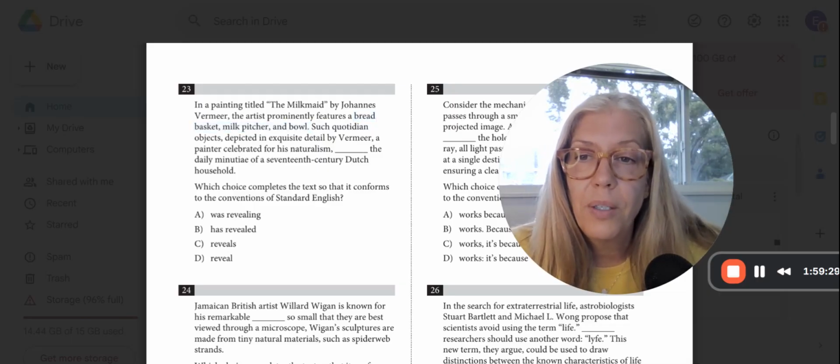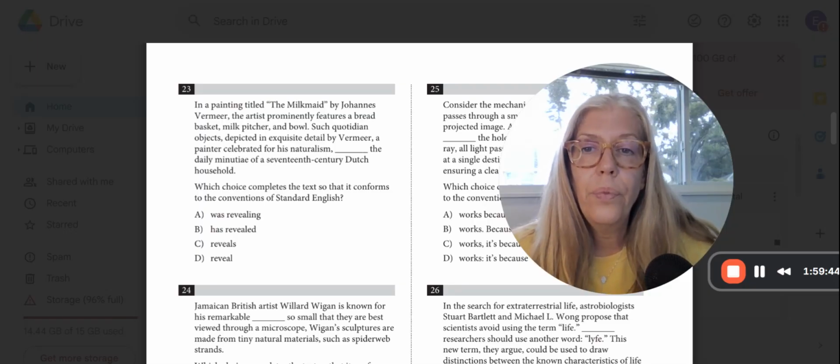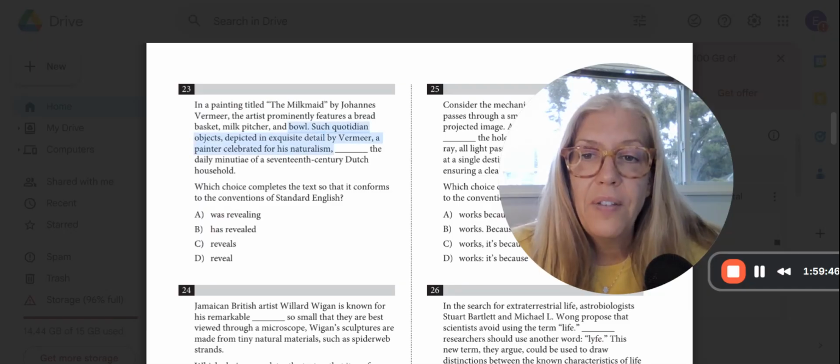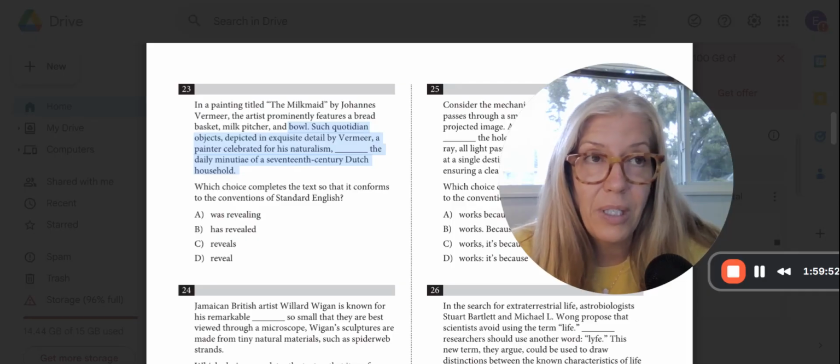"Such common objects, depicted in exquisite detail by Vermeer, a painter celebrated for his naturalism, reveal the daily minutiae of a seventeenth-century Dutch household." So this back half of the sentence is what they're asking us to tie our verb to, and we have to determine what the subject is.